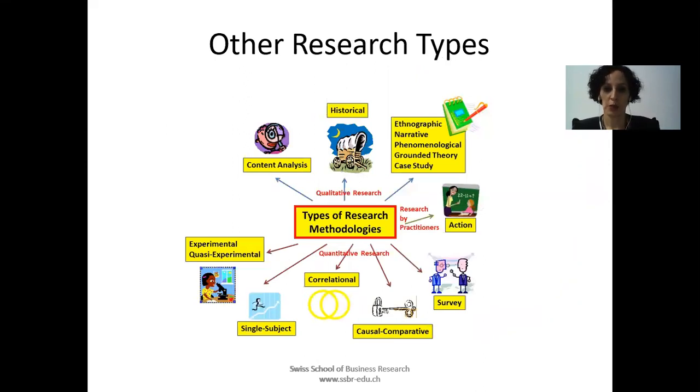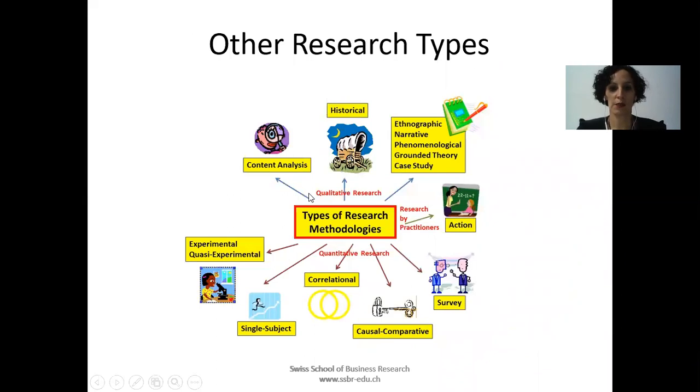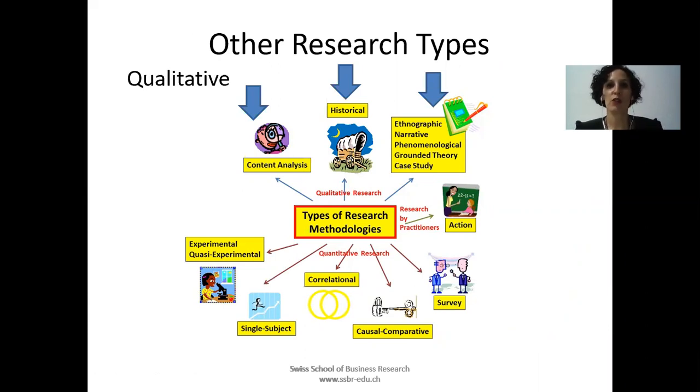What other research types are there? This is broken down a little bit differently than this, but it's actually all the same kind. We can see here, qualitative research. Qualitative means quality over quantity. We are looking for a specific quality and for more information from our research than just numerical data.